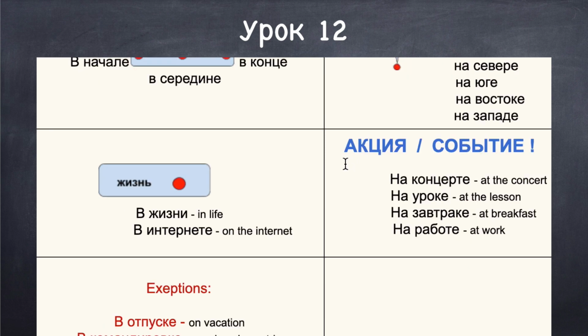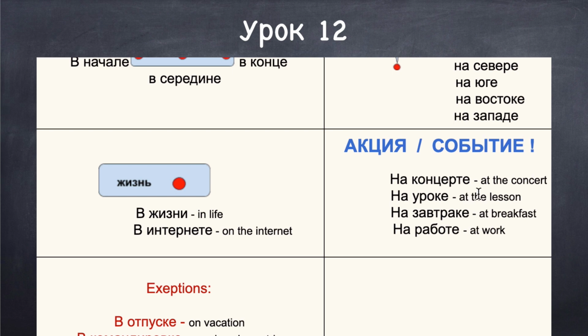Another very important idea behind the preposition НА is specifying an action, a process, an activity or event of some kind. Акция, событие, an event. So let's look at the examples. На концерте, at the concert.